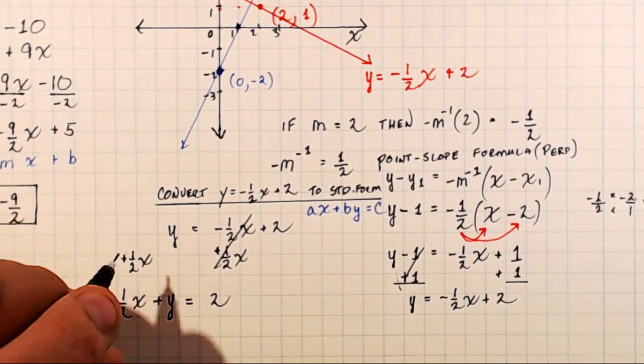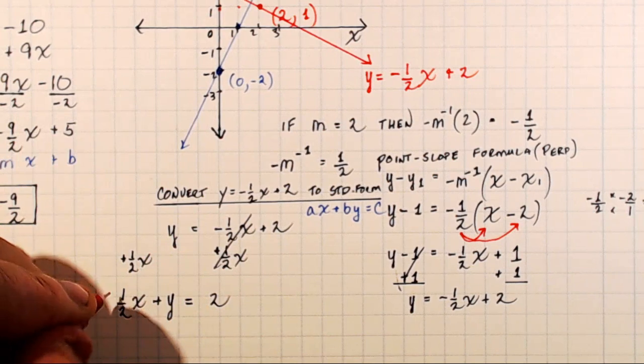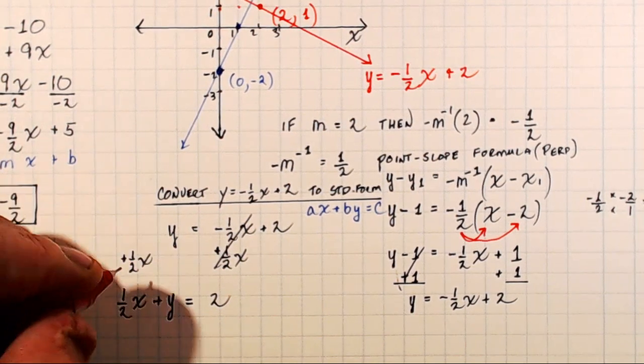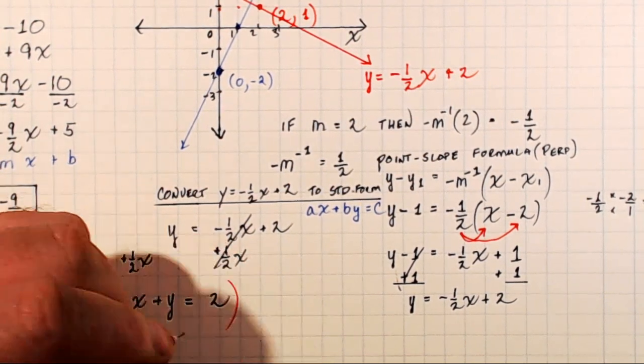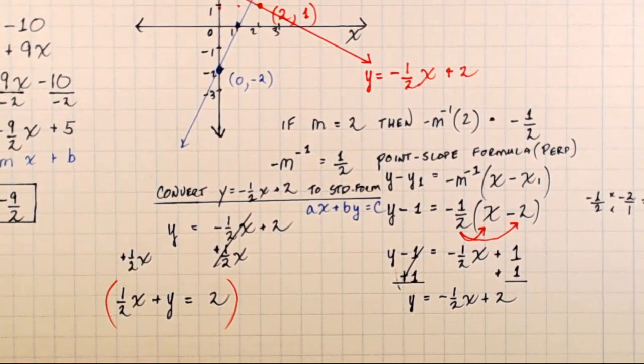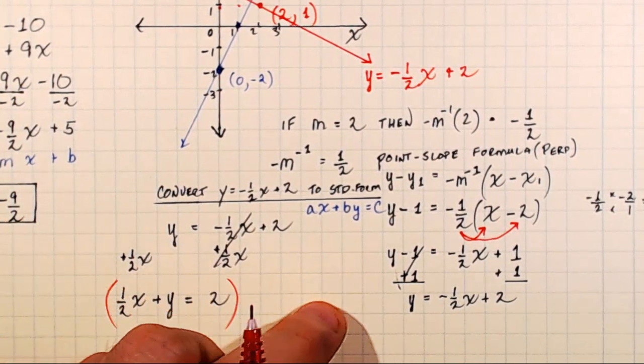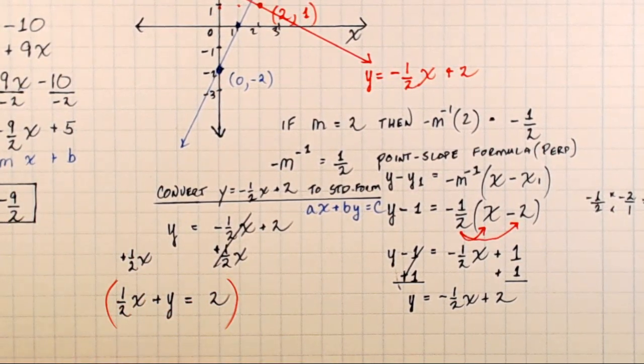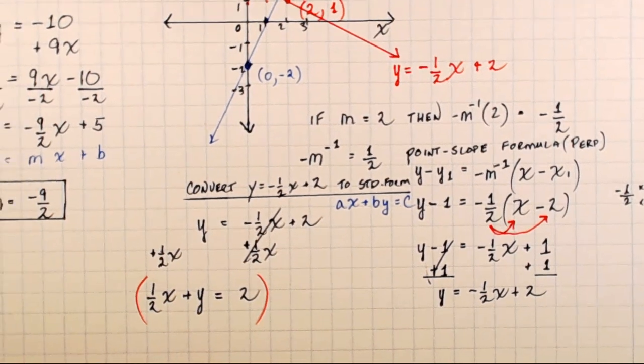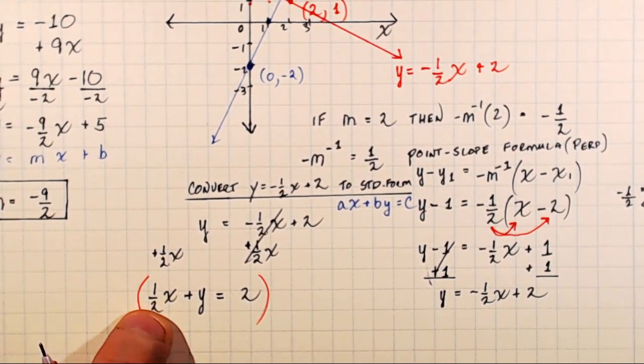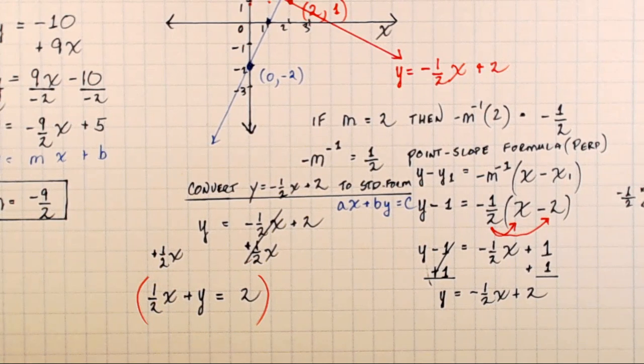All right, so what you're going to do is perform a little intervention surgery on this equation. We're going to multiply every term of the equation by some number that will get rid of that fraction. The thing that will get rid of the fraction is the reciprocal of the fraction.